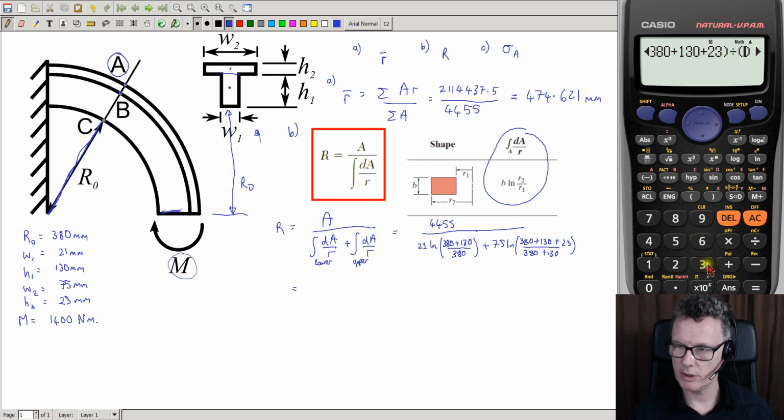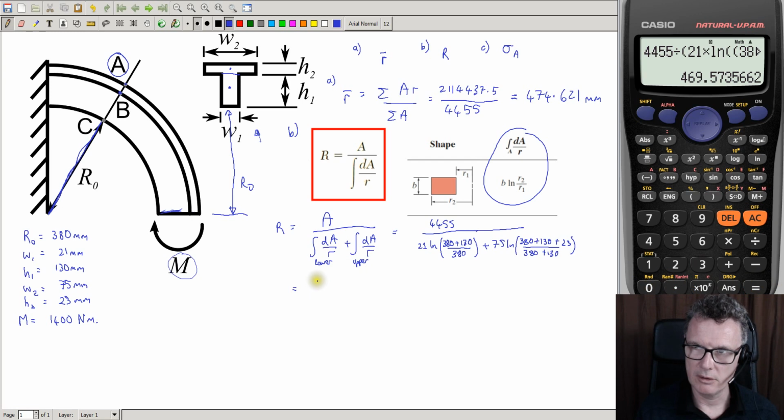And then bracket on bottom, I'm going to put in 380 plus 130. Right, so that gives me 469, and we'll do to 3 decimal places, 574 millimeters. Okay, so we've done part A and part B.